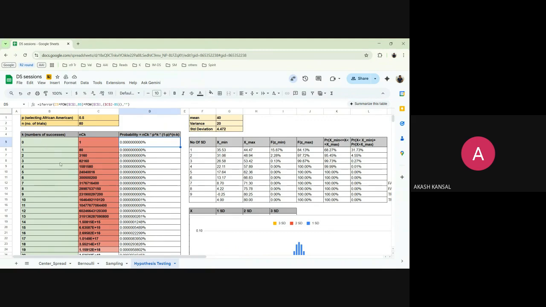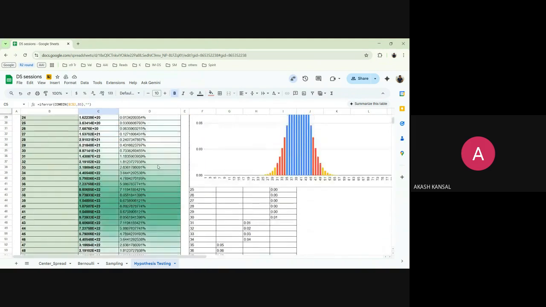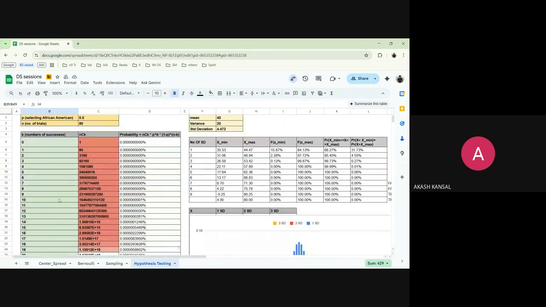Now, k is going to be a binomial random variable. We can see that the probabilities are maximum around the mean value 40. Once we calculate the mean, which is np for a binomial distribution, the mean comes out to be 40, the variance is 20, and the standard deviation is the root of that, which is 4.4.